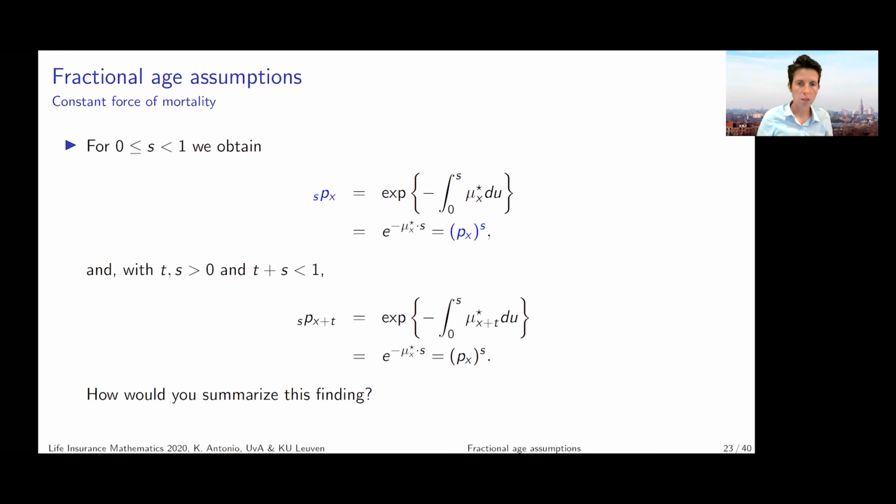So the meaning here is it doesn't matter where you start with your interval of length s, as long as you let the interval start between x and x plus 1, and as long as the interval ends below x plus 1, then you get the same expression for your survival probability. So it's only about the length of this considered interval, as long as you stay within the boundaries of this interval between x and x plus 1.